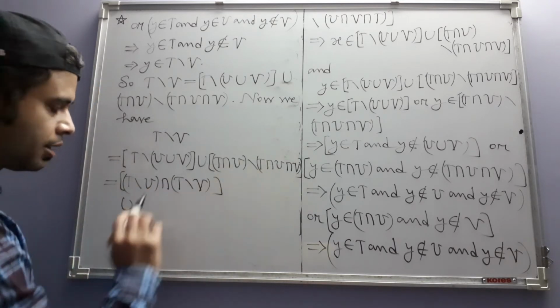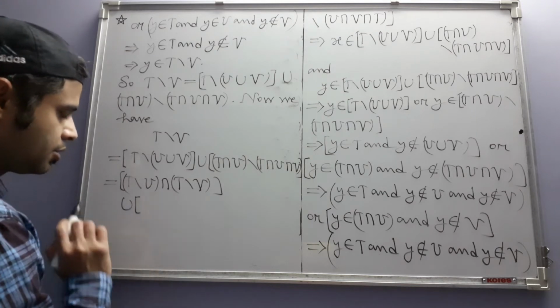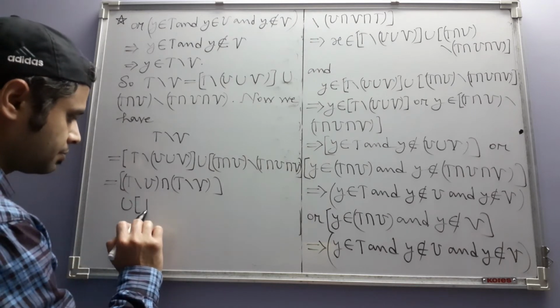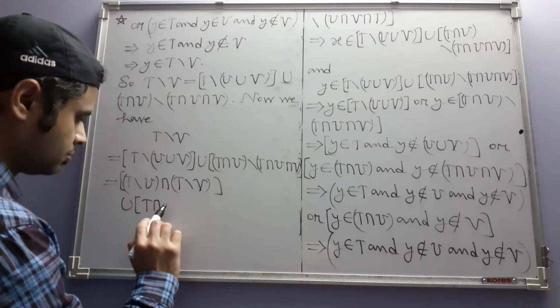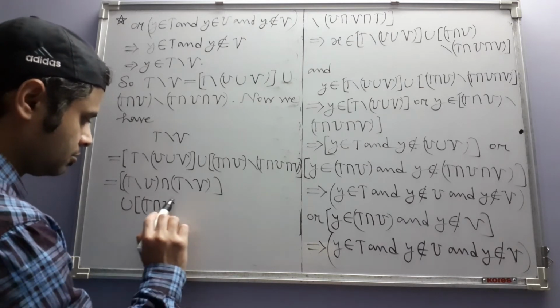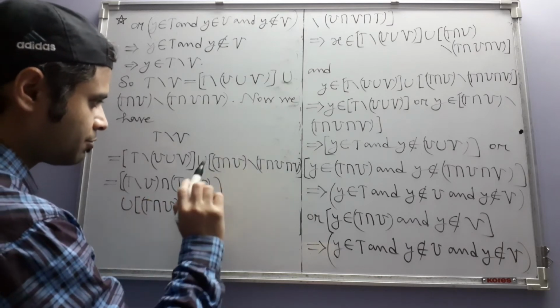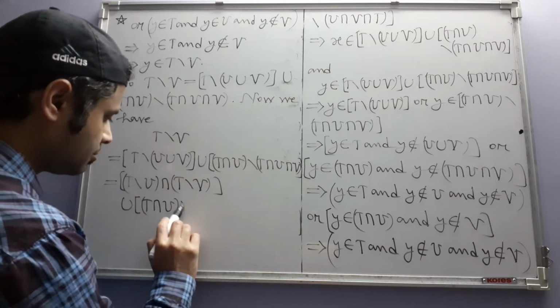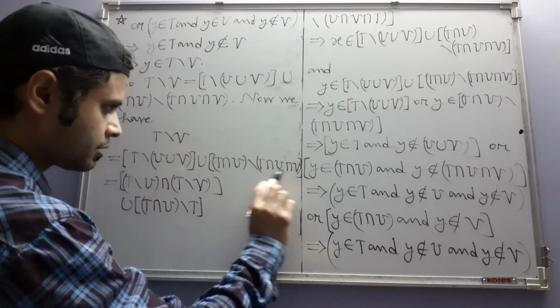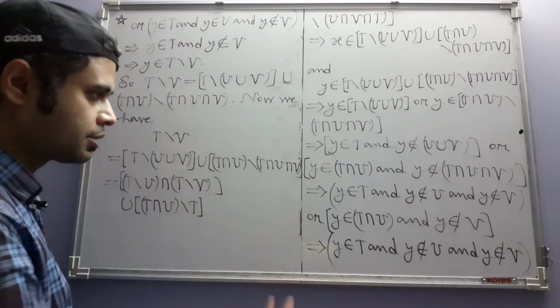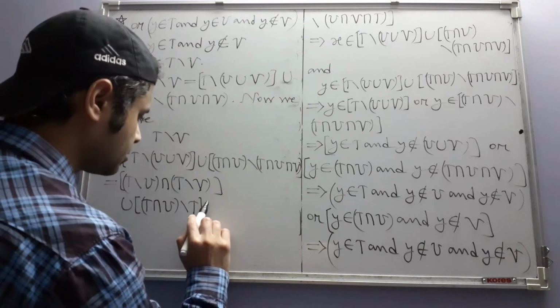Union, a similar argument here gives us the complement of T in T intersection U, union, because throughout we have intersections, so intersections will be turned into unions.